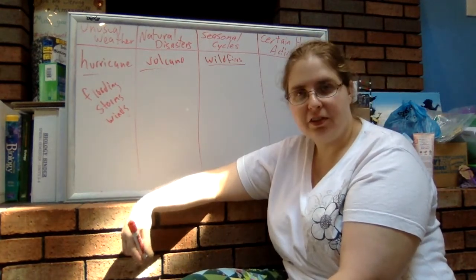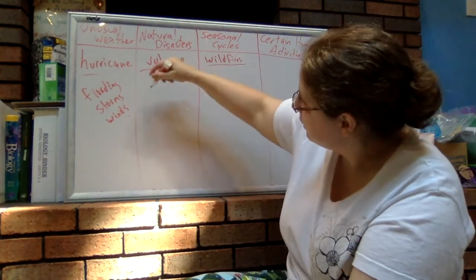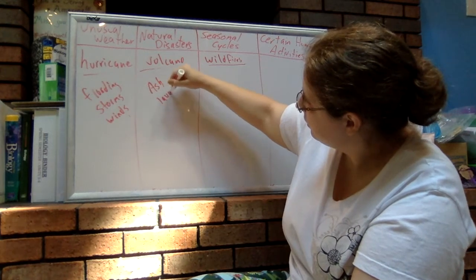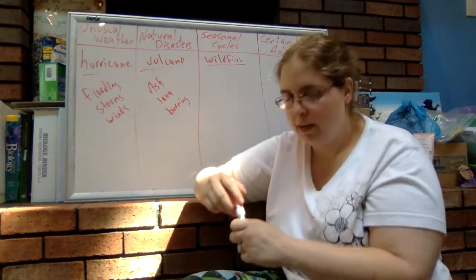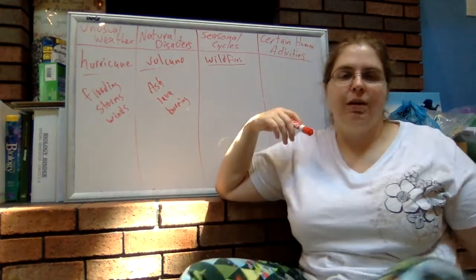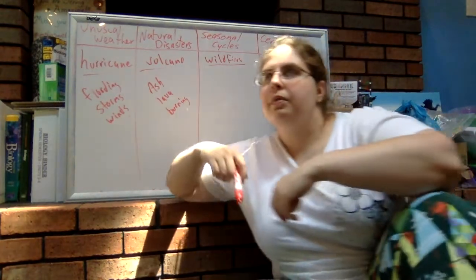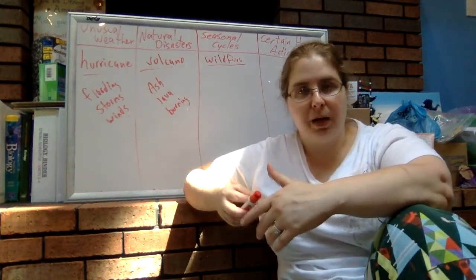Natural disasters, such as a volcano. Now what that leads to is ash, lava, burning. As the volcano erupts, it creates a bunch of ash in the air. Now that's going to affect a lot of different populations.